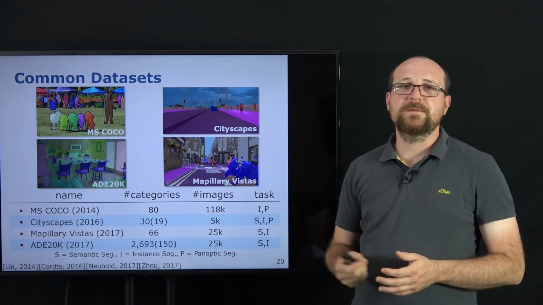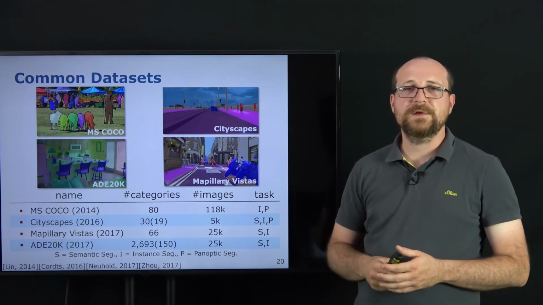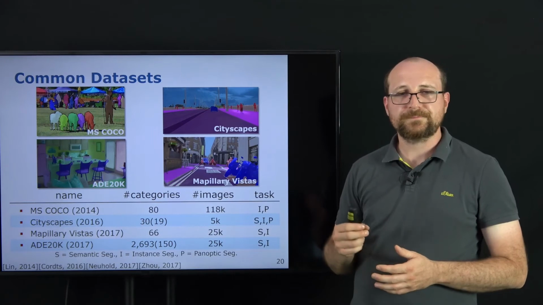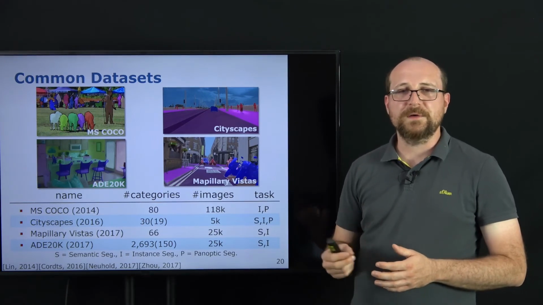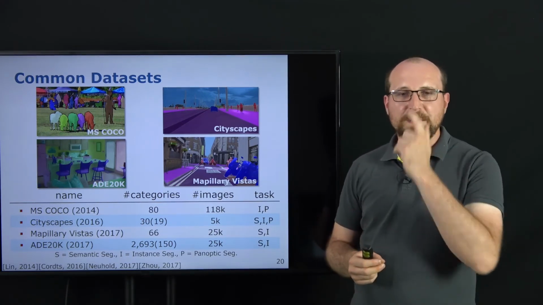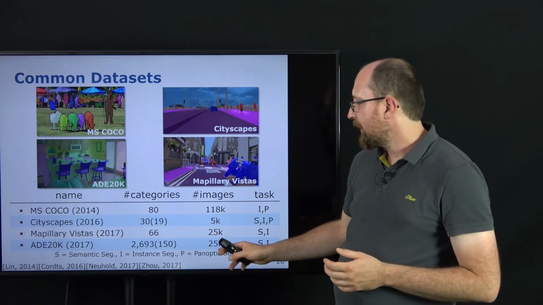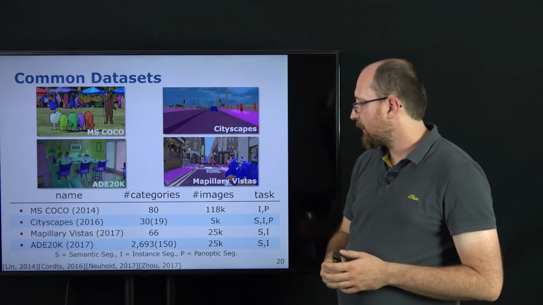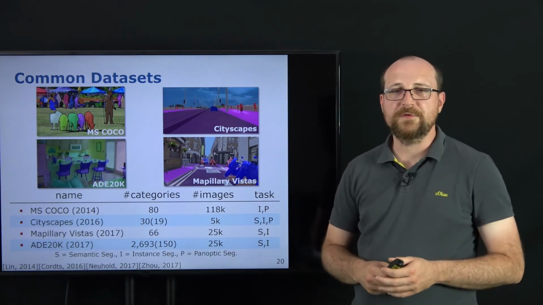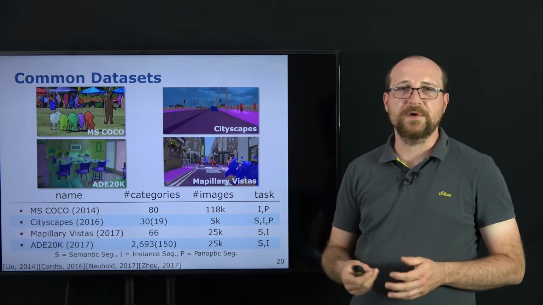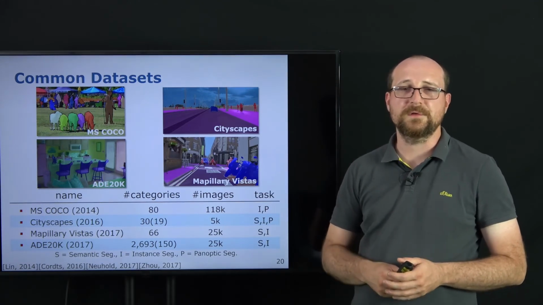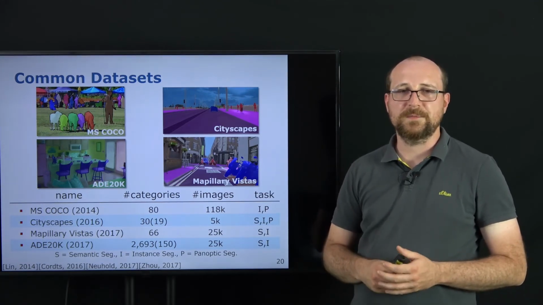But for the actual evaluation, only 150 classes are used, which are showing the most common objects here. This is also much smaller because of this finer annotation, so it's something on the order of 25,000 images, and mainly used for evaluating semantic segmentation, but also instance segmentation.